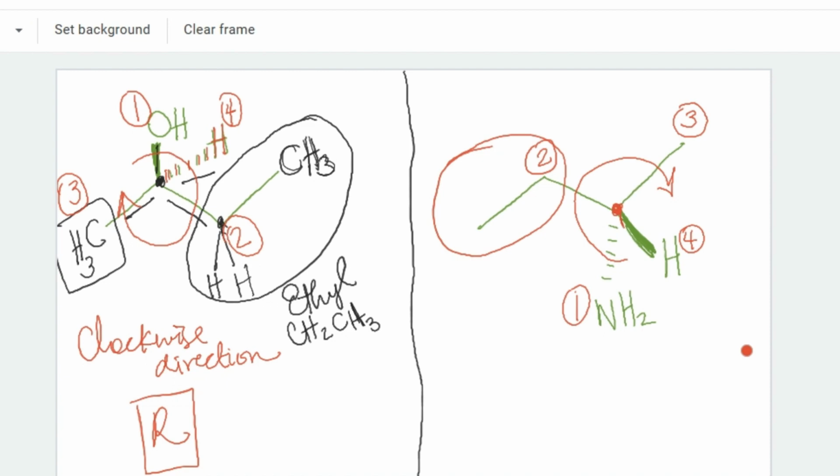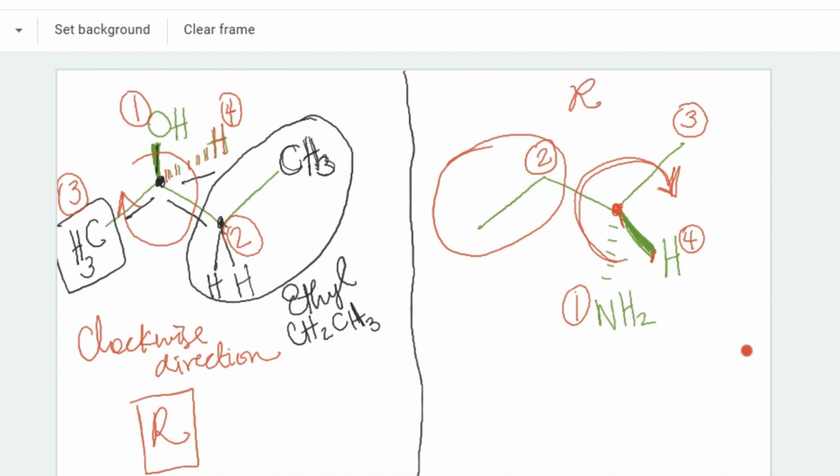Now, before we can determine if it's S or R, we are going to look at this one here. We see that the hydrogen is pointing towards you, coming out of the screen, coming out of the page of your book. Whenever we have a situation like this, normally we're going towards the R direction, which is the clockwise direction in this particular case.